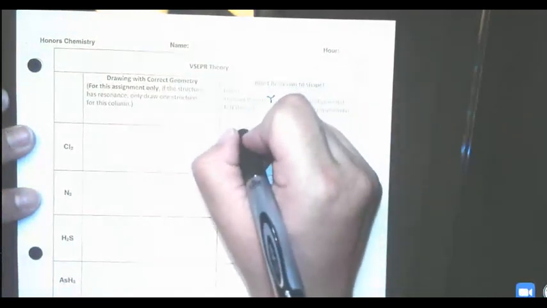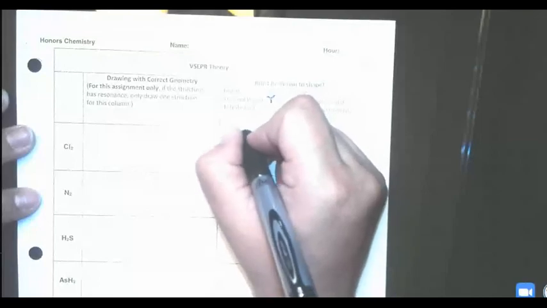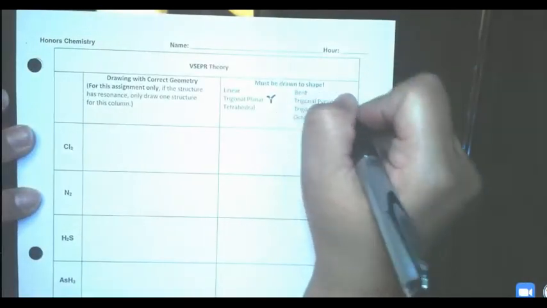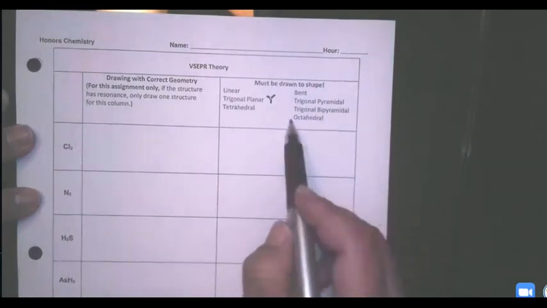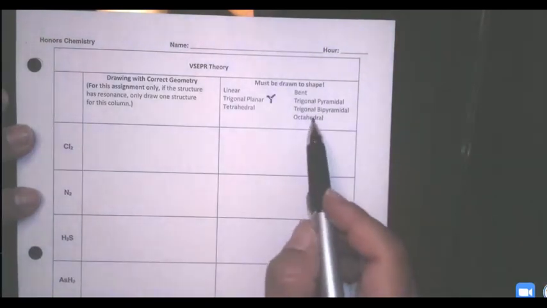If it's tetrahedral, you can keep drawing it like an X, right? If you want, bent should look bent. Trigonal pyramidal should look like a pyramid. Trigonal bipyramidal is going to have that triangle in the middle and then it coming out of the top and the bottom. And then we have octahedral, which has the 6 things attached.